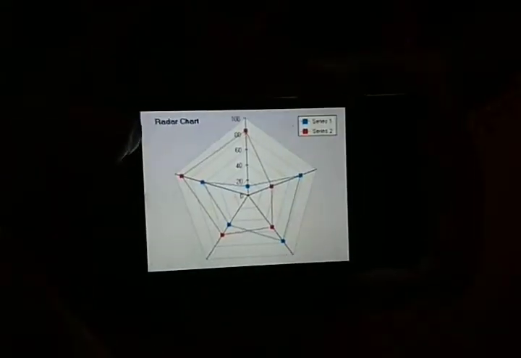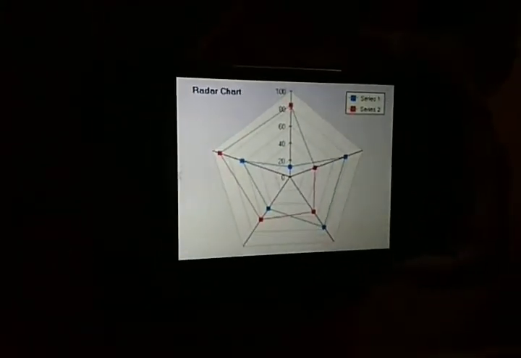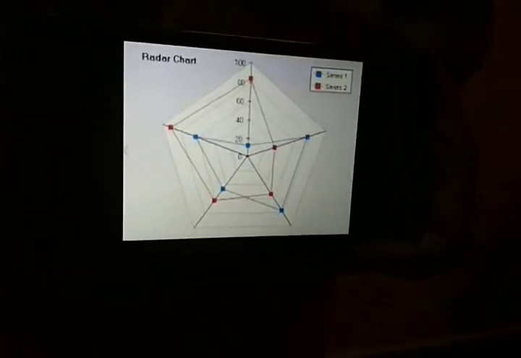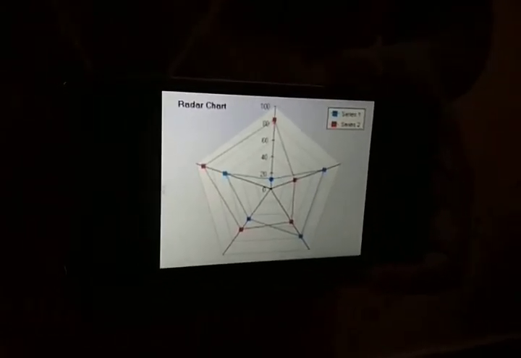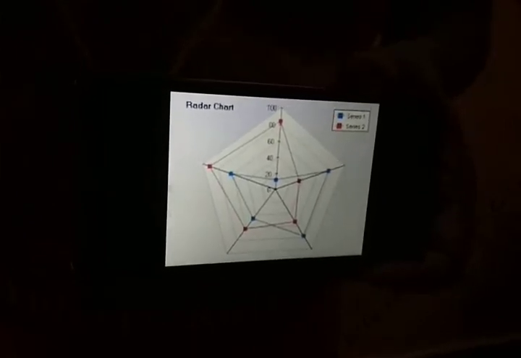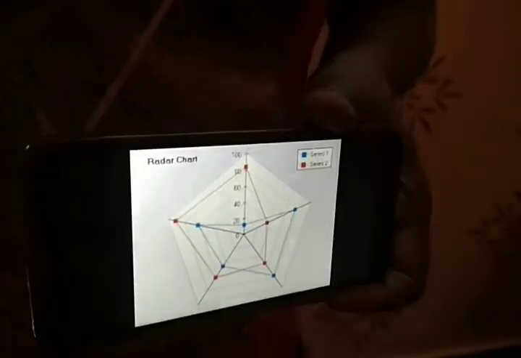So these points are joined by the lines, which are known as grid lines. It is used for the data which are not time dependent. So it is used for scientific calculations. So this is the radar chart. It is also used for aggregate values of the different data series.